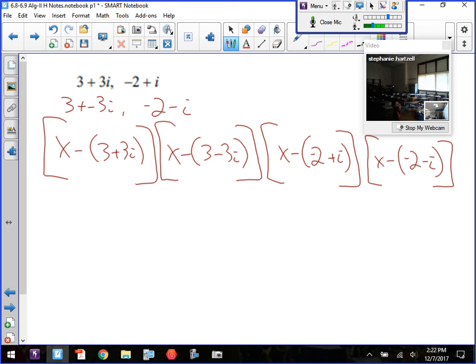We wrote it out long form like that a bunch of times, and then realized that when you're distributing stuff through, you wind up with differences of squares every time.